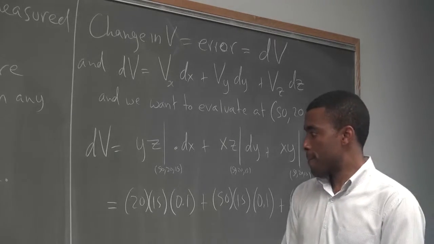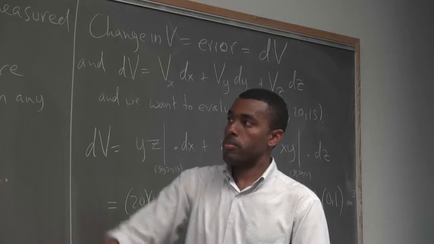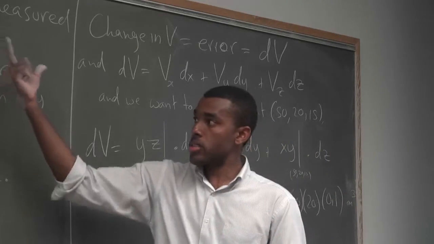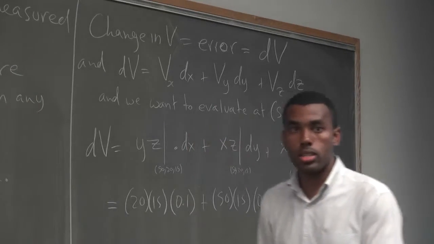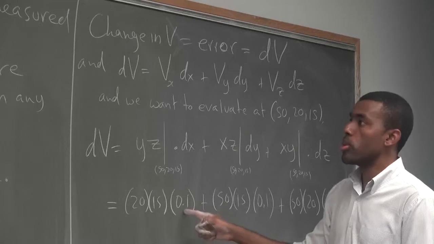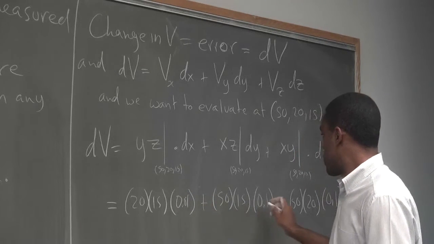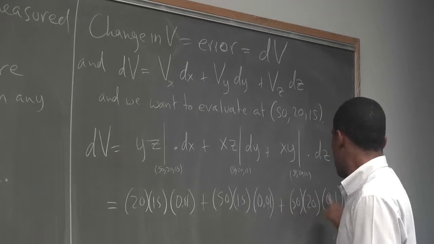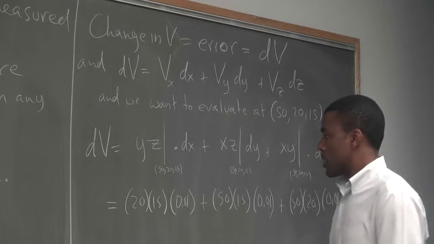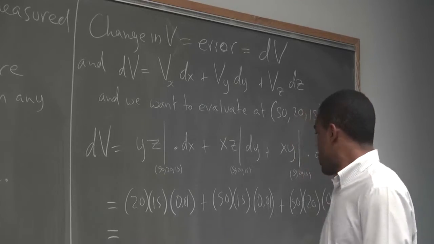So you could actually have a change in volume of that many centimeters cubed. Where'd you get 0.01 from? The error. It means that x could be off by 0.01 on either side. So the change in x is 0.01. They should all be 0.01. And so what's that?